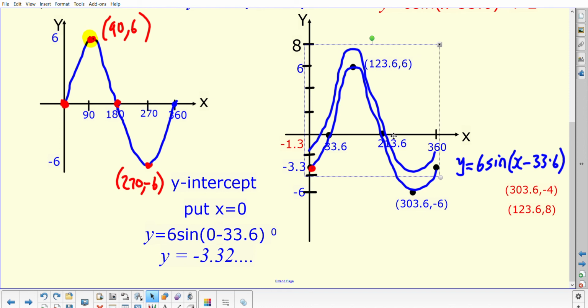right, all your key points have just moved, but it's still basically the same shape.